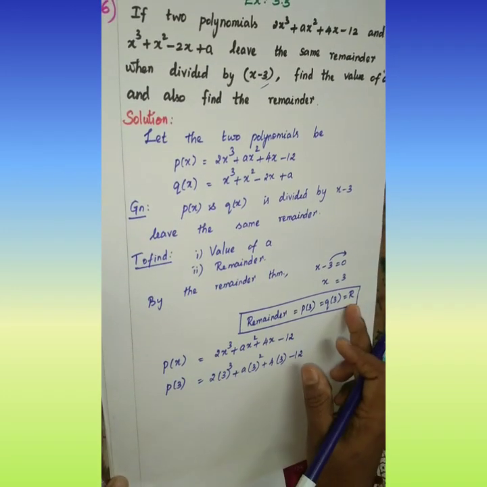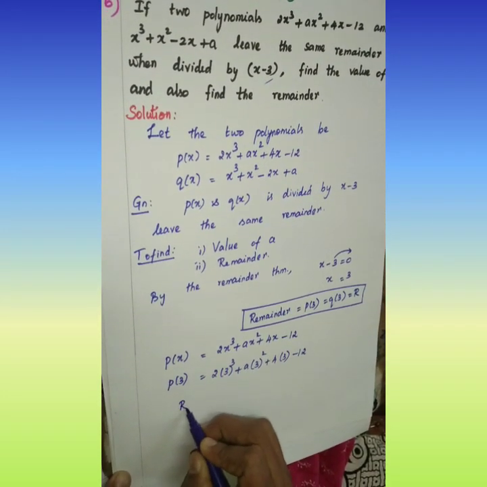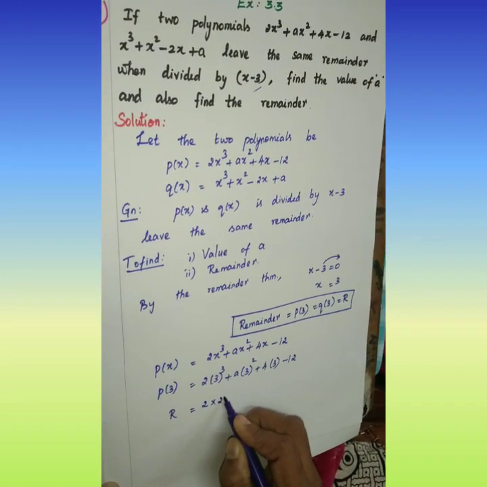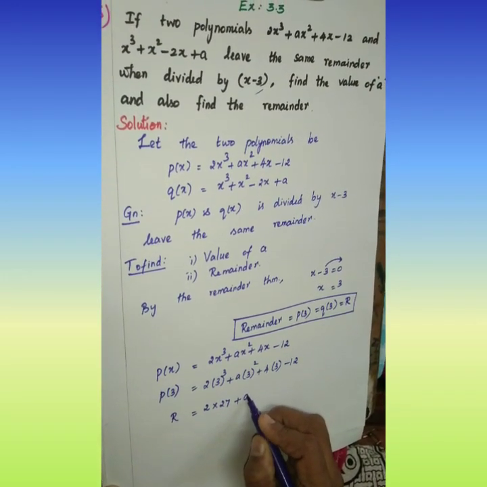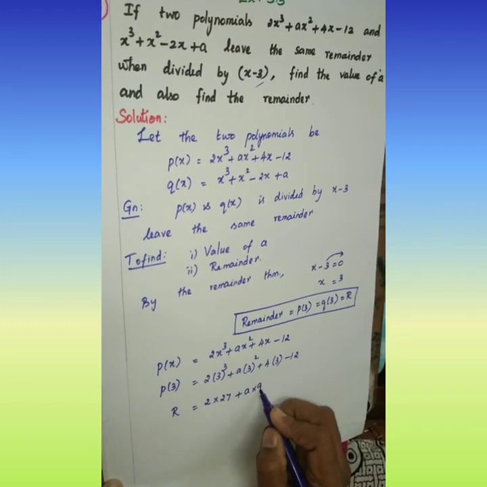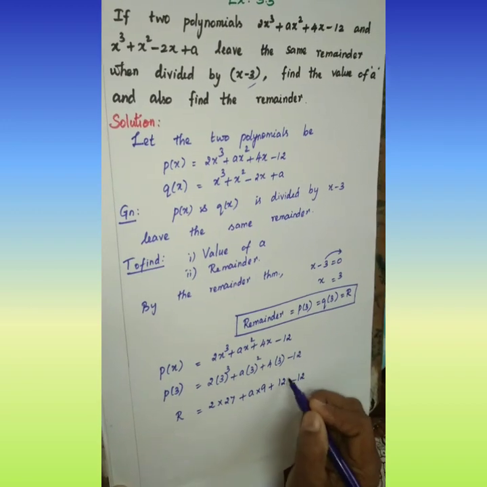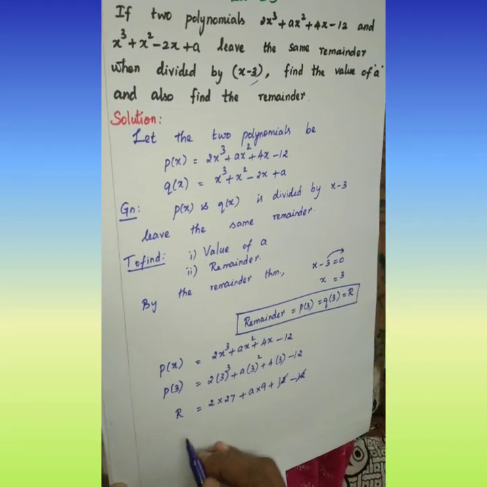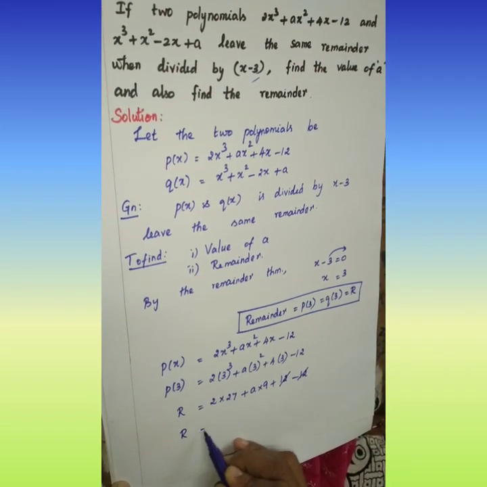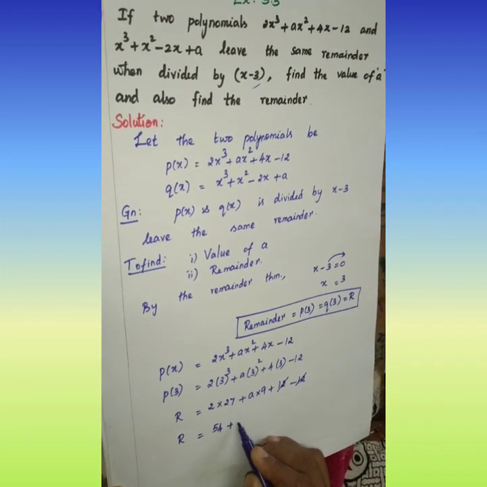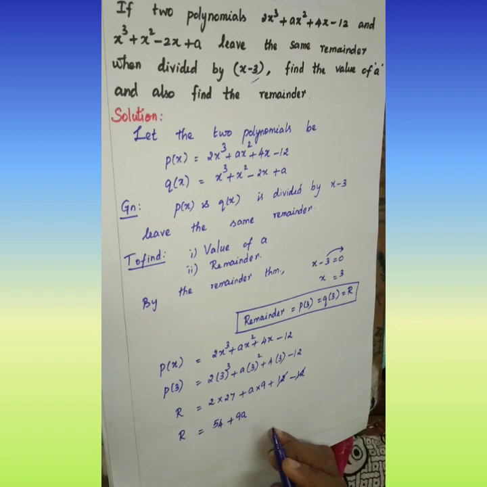P of 3 we can take it as capital R. So remainder is equal to 2 into 3 cube is 27 plus a into 3 square is 9 plus 4 3s are 12 and minus 12. Plus 12 and minus 12 will be cancelled. So remainder is equal to 2 27s are 54 plus 9a.